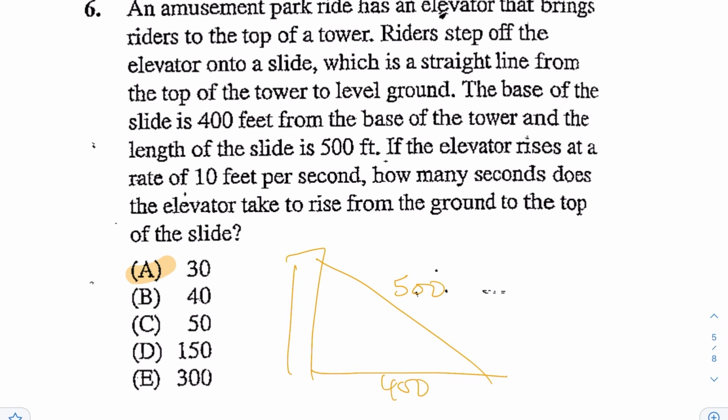So this is your 300, 400, 500 special right triangle, just a 3, 4, 5 that you've seen before, that Pythagorean triplet. So in this 3, 4, 5 triangle, everything is just multiplied by 100.